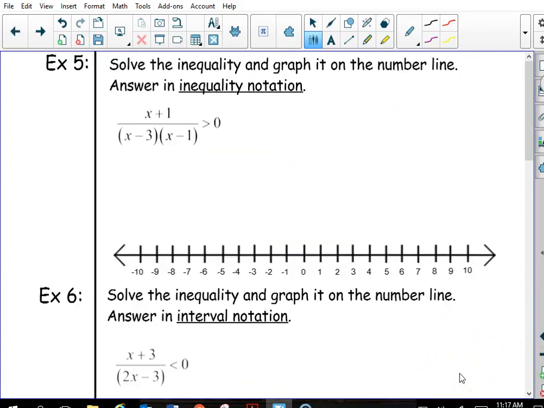Okay, this one just has more going on in the denominator. And nothing cancels, so my zeros are -1, +3, and +1. And I'm going to switch those two because they need to be in number line order.